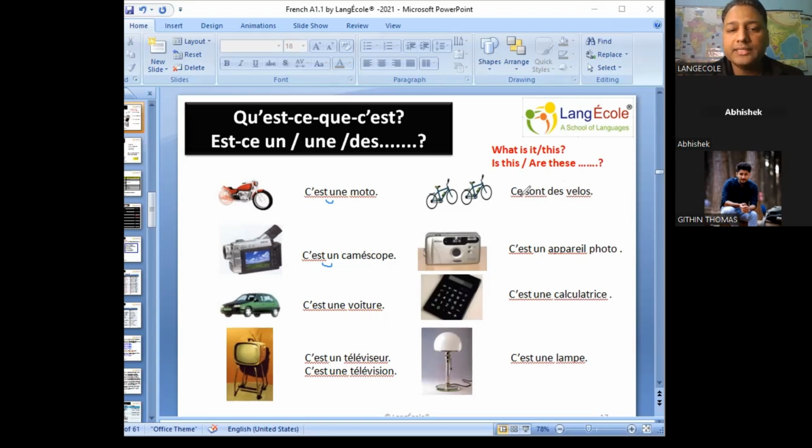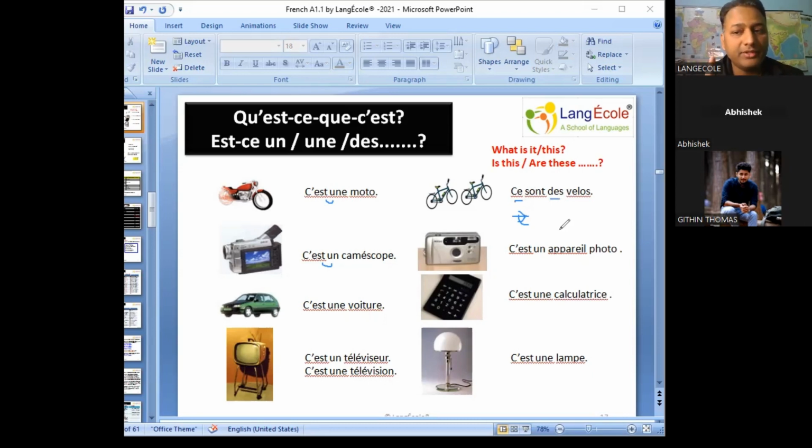But as soon as it is followed by another consonant, then the s will be pronounced. So this will become "day" in that case.